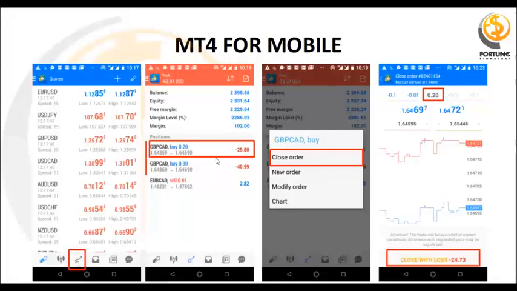Basically, if I want to close this order, I come to this third icon here for running trades, I hold on to the GBP CAD, and it brings me to this dialog box, and I can either modify the order. Modifying the order means I would adjust the stop loss or the take profit. In this third image here, the red bar signifies where you can adjust your stop loss.